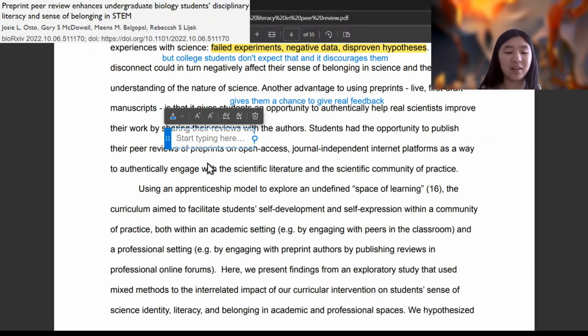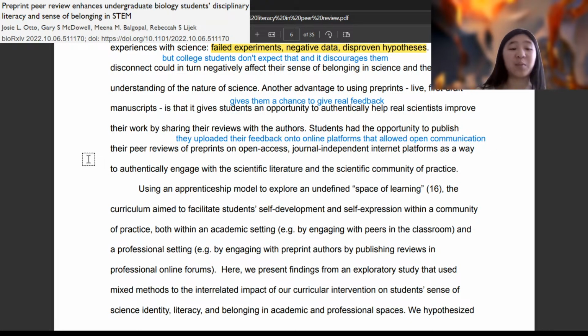Basically saying they uploaded their feedback onto online platforms that allowed, not free speech, but open communication.